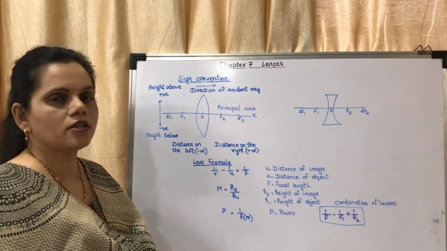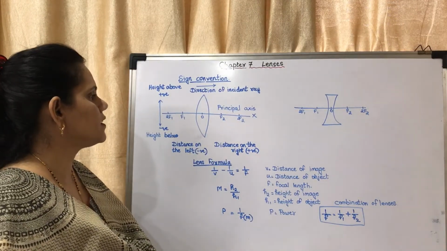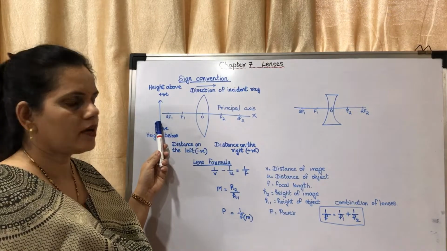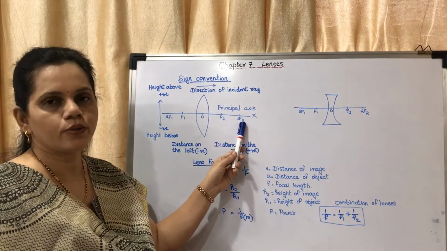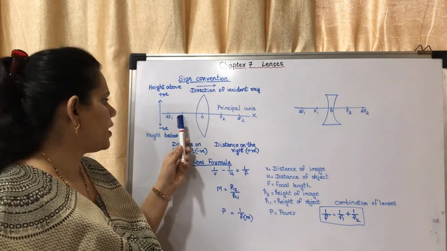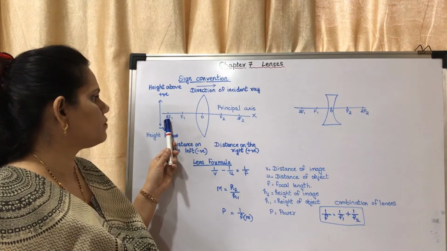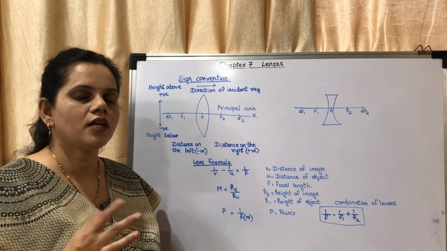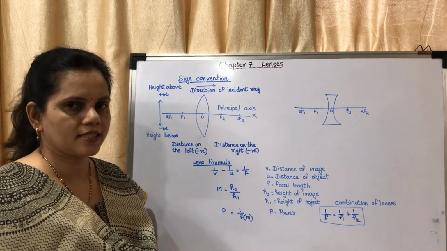So this is a convex lens with optical center, F1 to F1, F2 to F2. So F1 you may see and 2F1, F2 and 2F2. You know that there are 2 foci, one on each side of the lens.